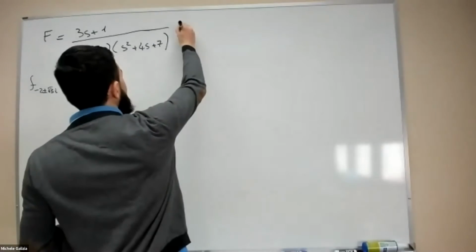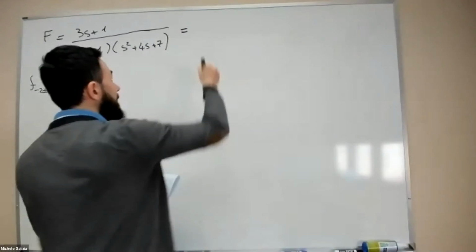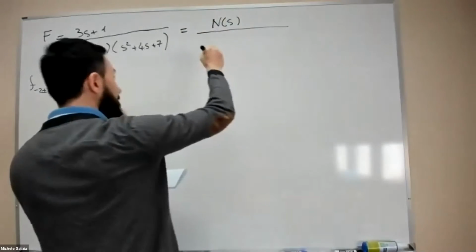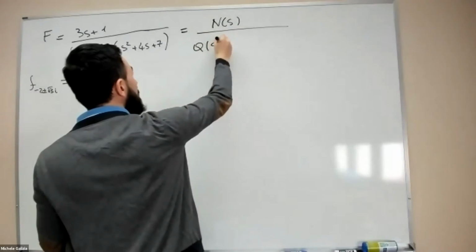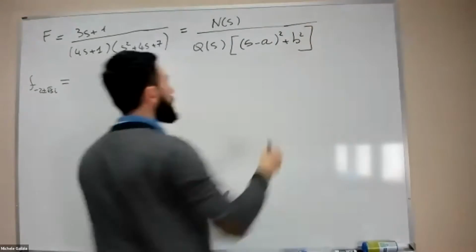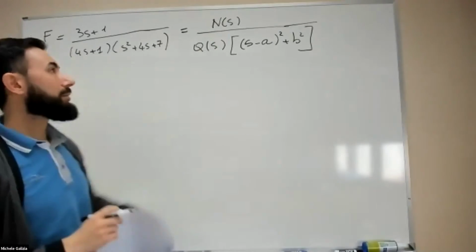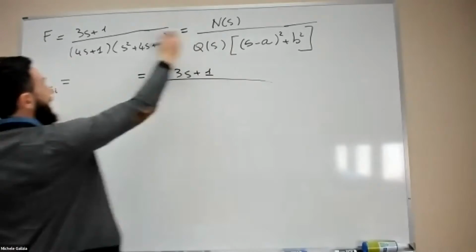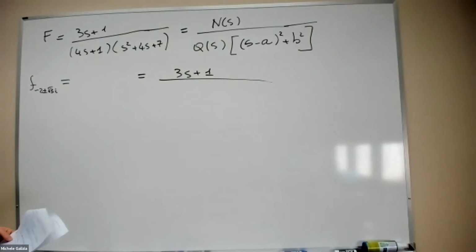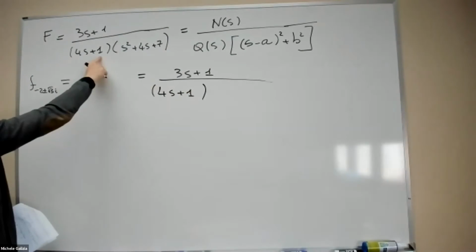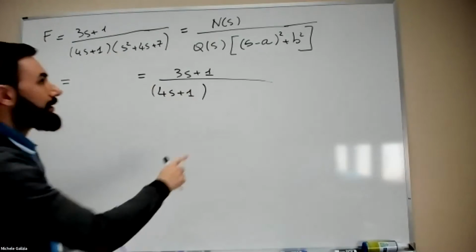In the slide, we show this as the function n, the numerator, divided the function q times. So basically, we have to rewrite this expression in this way, which becomes the numerator that stays the same, divided what? 4s plus 1, and then a.